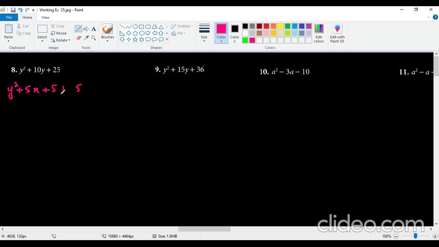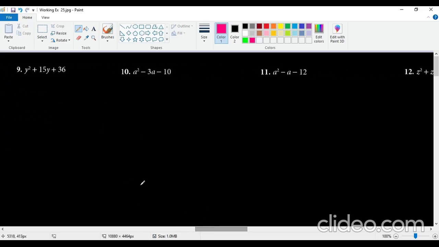Now in the first two brackets, I will see that y plus 5 is in the bracket, and copy down y plus 5 once again. So this is going to give me a plus 5 in the middle. That is going to be y plus 5 and y plus 5 as the answer for question number 8. Moving on to question number 9.